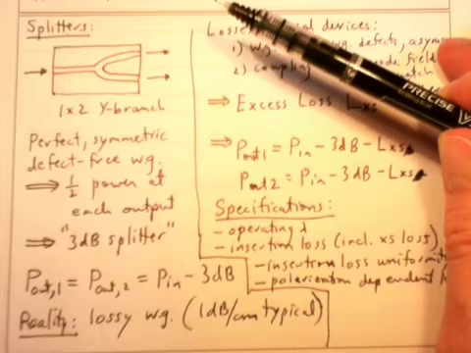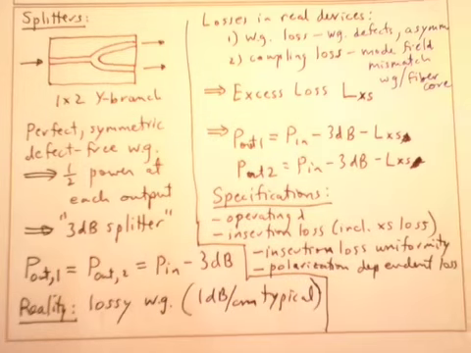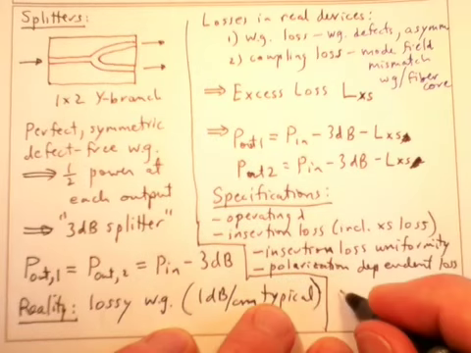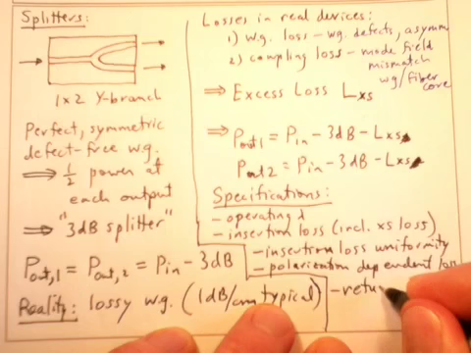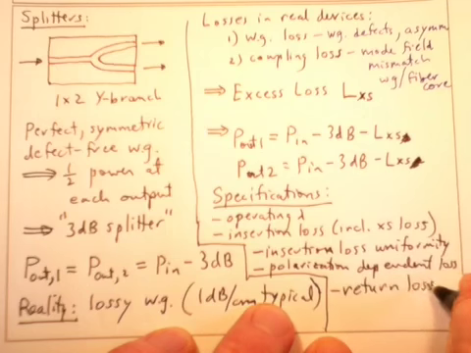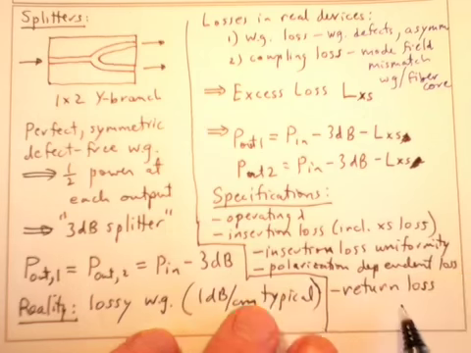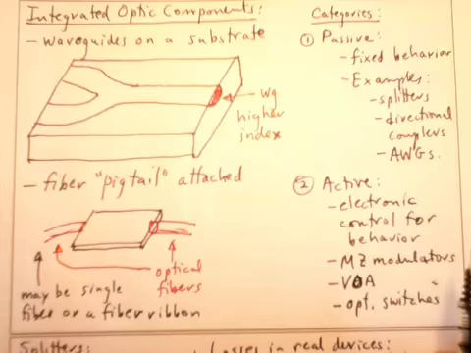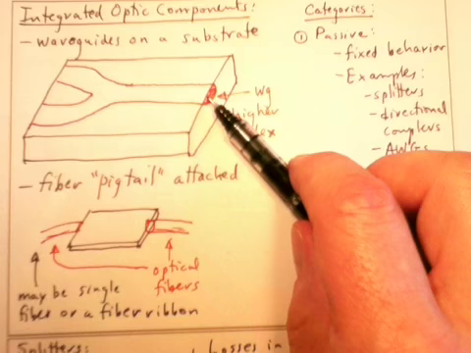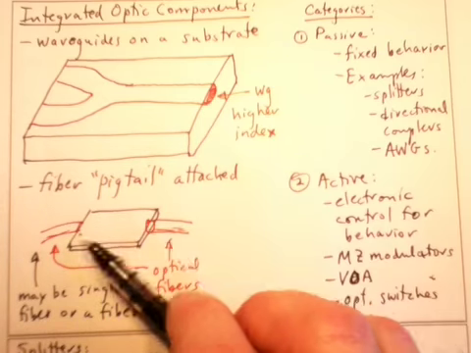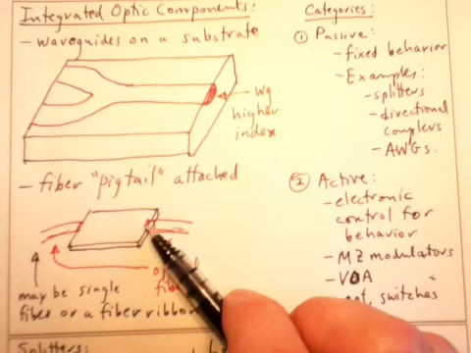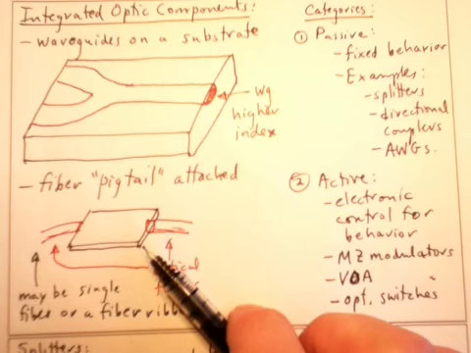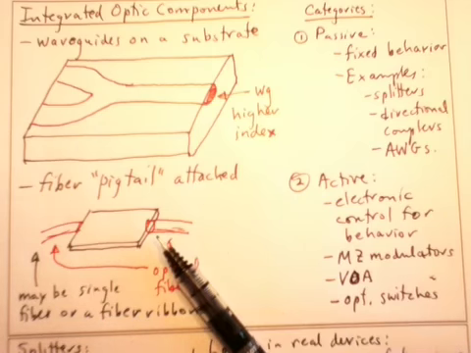So you have polarization dependent loss, and you also have return loss. We haven't really talked much about this yet, but anytime you have a coupling where you have this optical fiber connected up to the edge of this integrated optic device waveguide, you've got an interface. One way or the other, you're going to have an interface between two different media of different refractive indices.